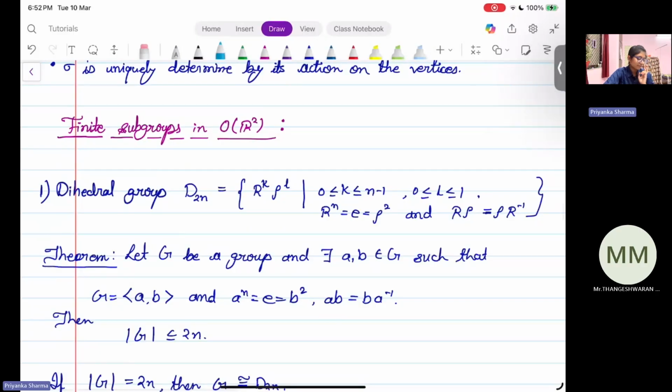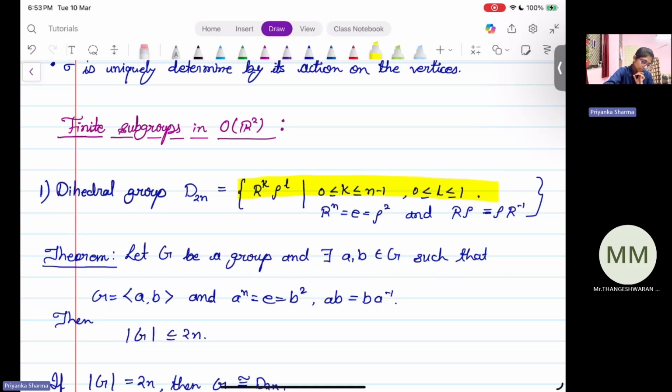Now we have some finite subgroups in O(R²). The first one is the dihedral group. Its group representation can be written like this. Any element in D2n can be written as r^k ρ^l. Here r is a rotation and ρ represents some reflection, and k can vary from 0 to n-1 and l can vary from 0 to 1.